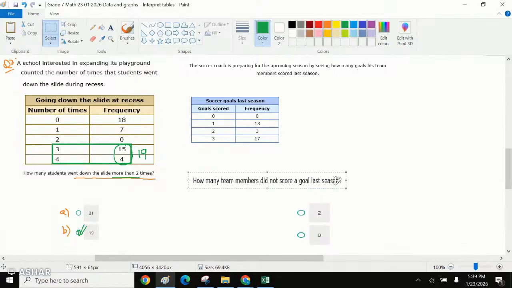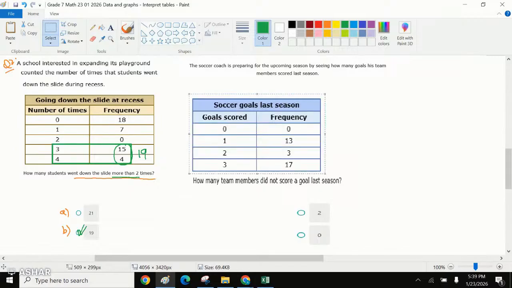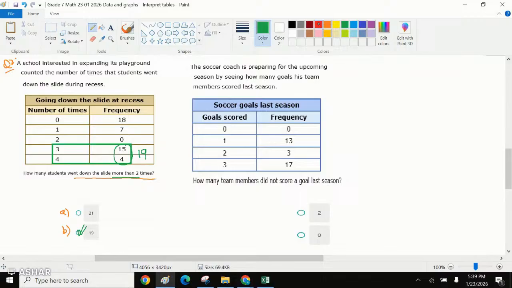So they are just doing a survey on how many goals each member of the team scored, right? So this is our question number 3 from the test. And these are the 2 options given, A and B. Can I have the answer to this question?